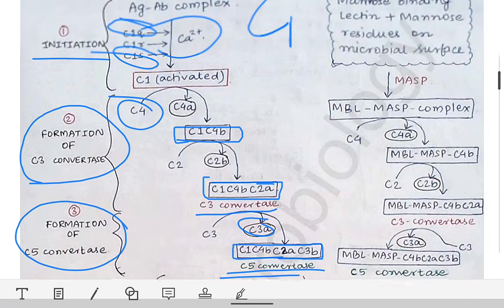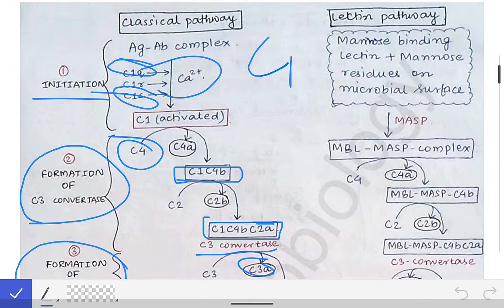What happens in the lectin pathway is that there are mannose residues on the microbial surface. Once the body sees that there are mannose residues on the microbial surfaces, we have some lectins in our blood, that is the mannose binding lectins. Those mannose binding lectins go and bind to those mannose residues of the microbial surfaces.